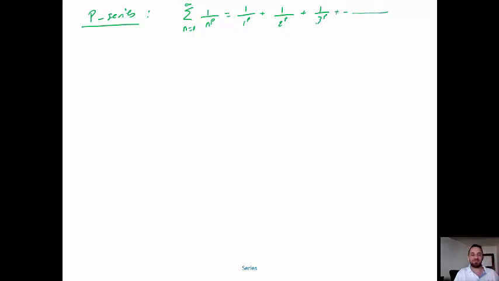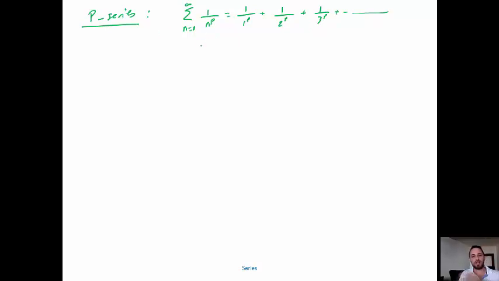The P-series form is given as the sum over n equal to 1 of 1 over n power p, which is 1 over 1 power p plus 1 over 2 power p plus 1 over 3 power p, and so on. Okay, so this is called the P-series type.